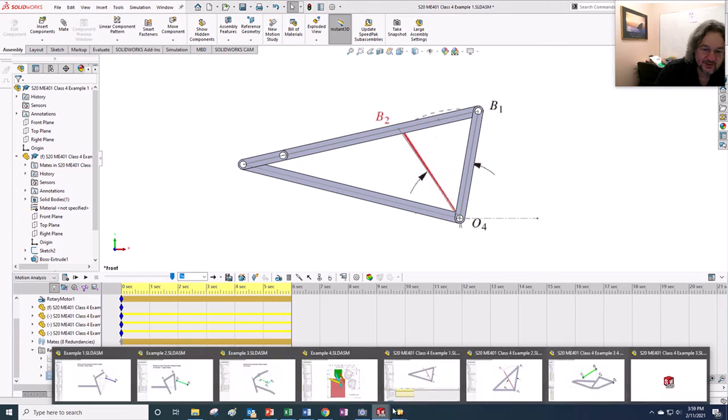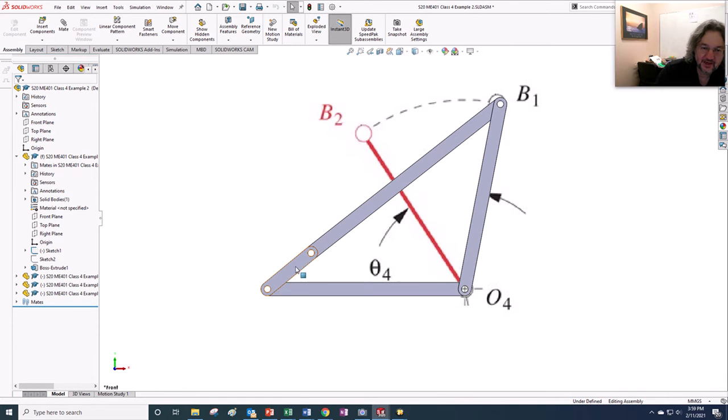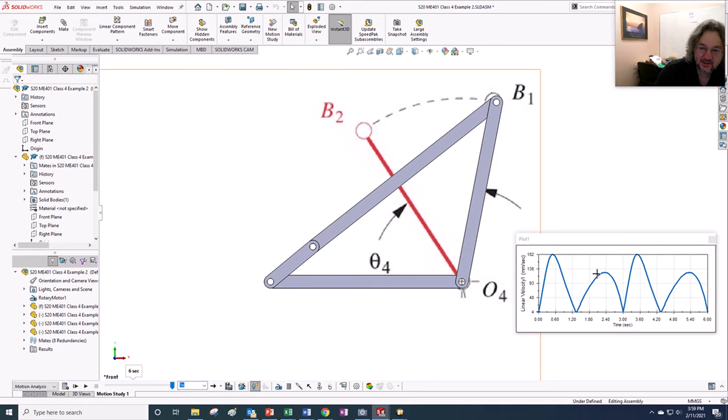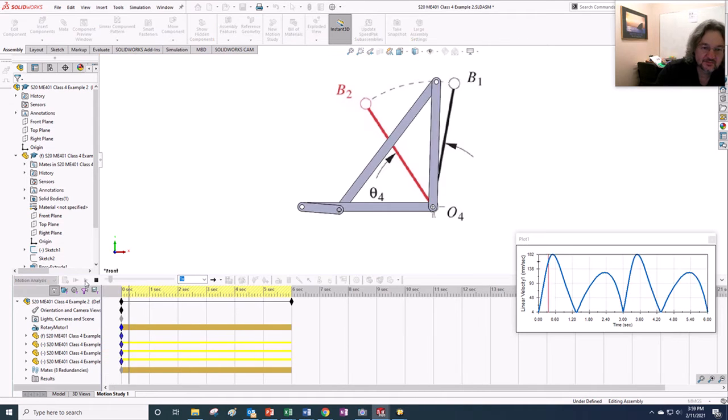But instead, let's go to the results of this analysis right here. This is going to be the quicker turn mechanism. Let's take a look. I want to take a look at my graph right there. Let's just watch the thing in action.